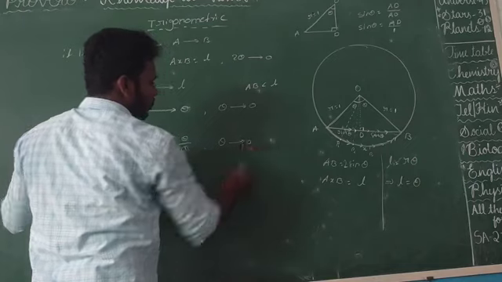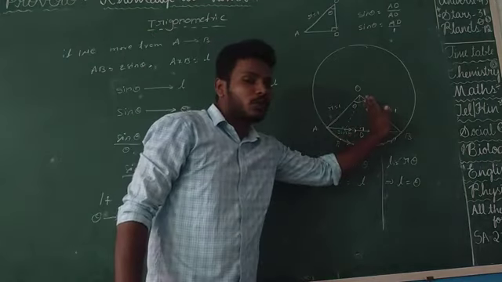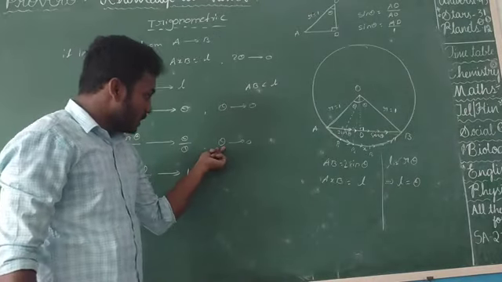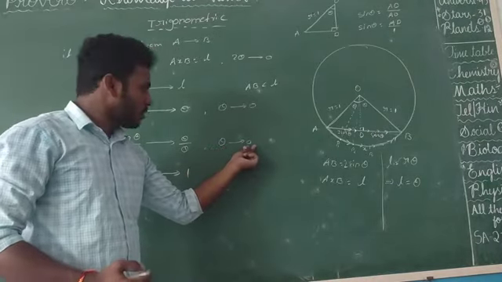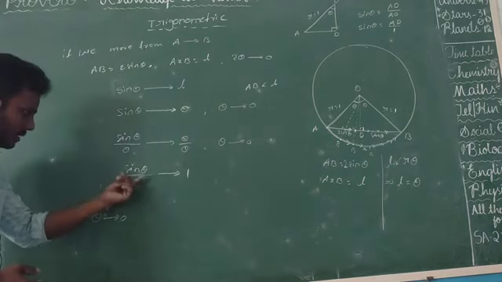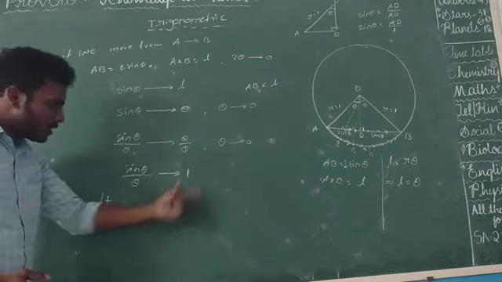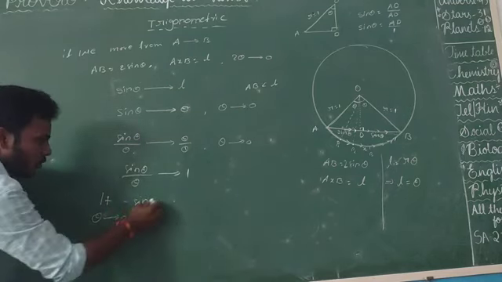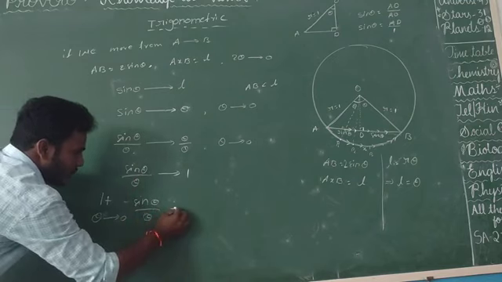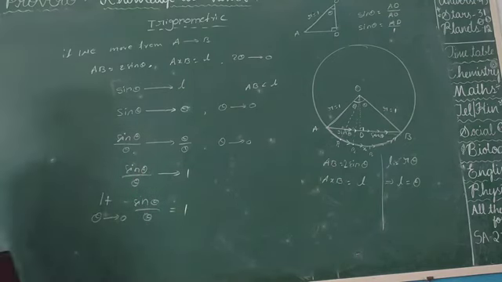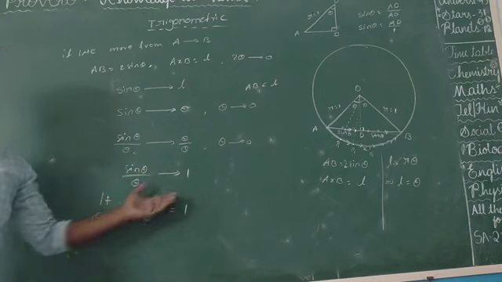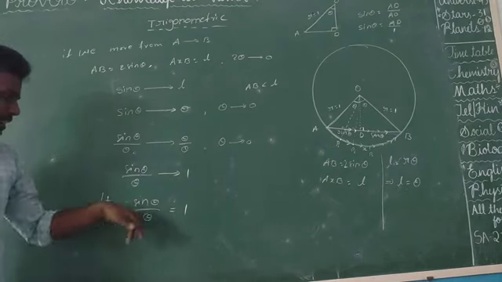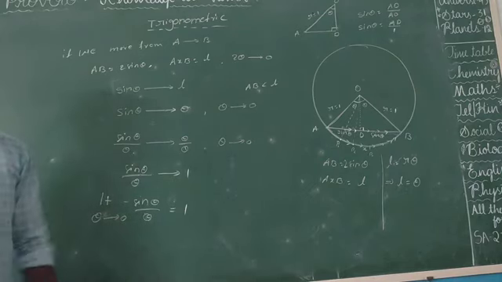The angle is reduced to 0. If theta tends to 0, then the value of sin theta by theta reaches 1. That's why limit theta tends to 0 of sin theta by theta is equal to 1.